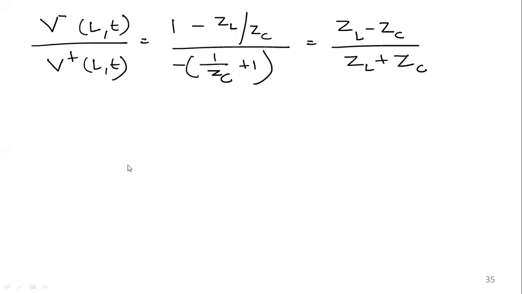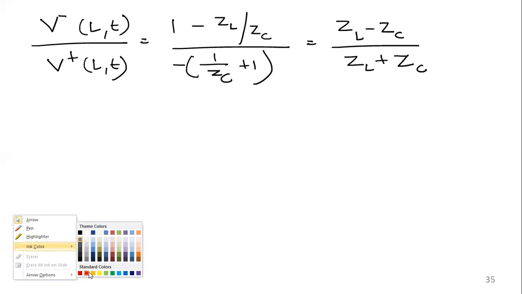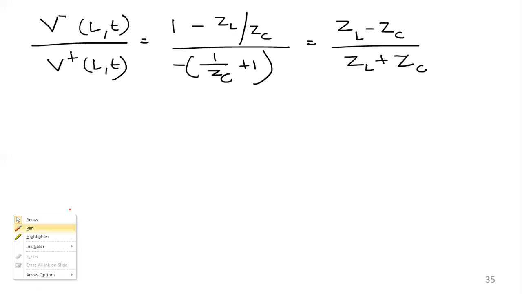Rearranging that and writing it as the ratio V minus divided by V plus, because that is the voltage reflection coefficient, right? So the voltage reflection coefficient finally will be equal to ZL minus ZC divided by ZL plus ZC. That equation is also very important for solving numerical problems.